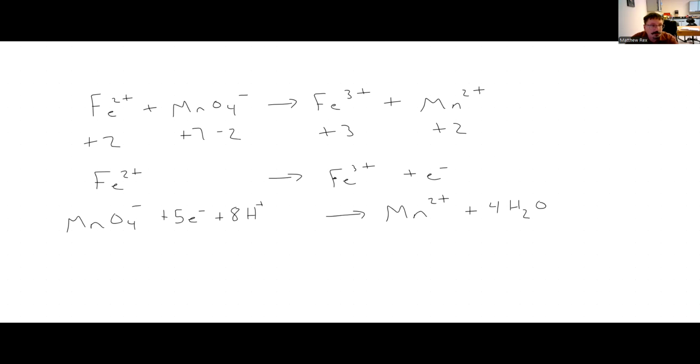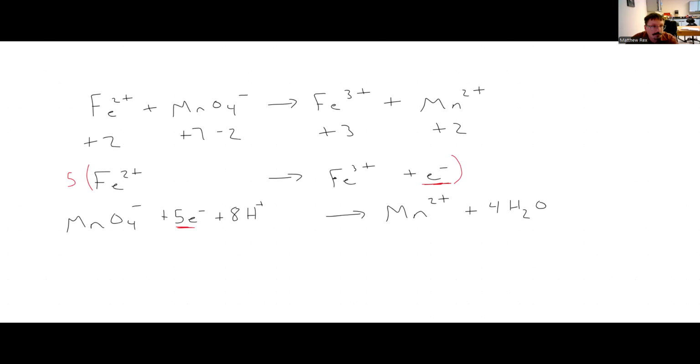So now I just have to look at those number of electrons. We have 1 here and 5 here. So what do I need to do? Multiply the top by 5 to get it to balance out.